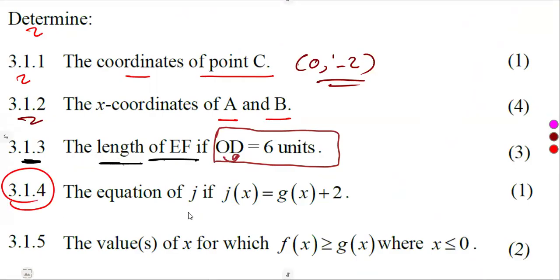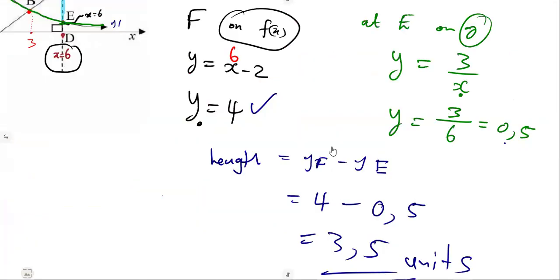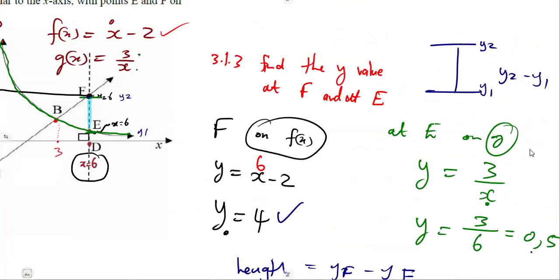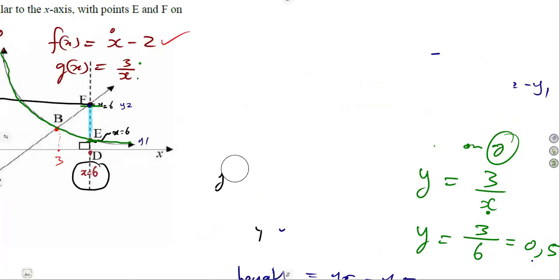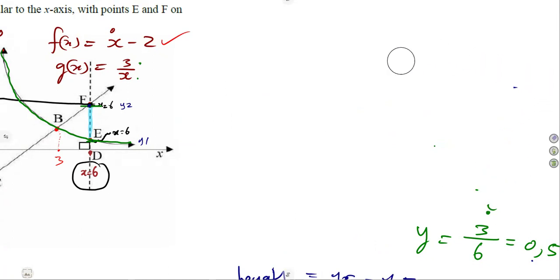All right, another question, 3.14. The equation of J, if Jx is equal to Gx plus 2. All right, so there we are already given how it is supposed to be written. There you just substitute and write the final answer in simple form. That is what they are trying to say, guys. You are given a straightforward question.